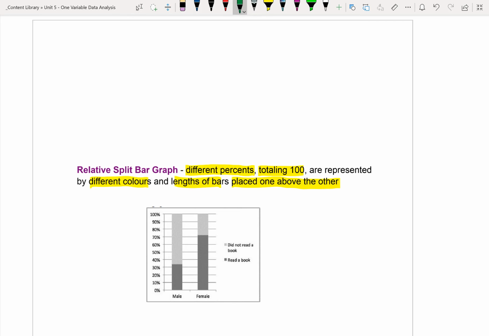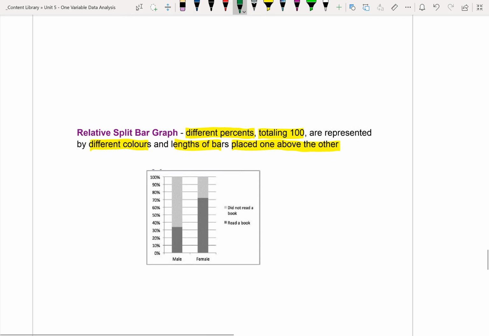So here, rather than the actual values, we're looking at the proportion or the percent of each situation. So again, in red, for reading a book, we can see it is just over 30%. And same thing for girls or females, just over 70%. So we can see the representation out of 100% for each situation.